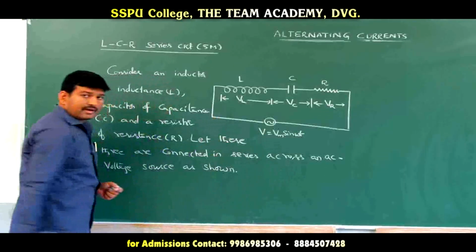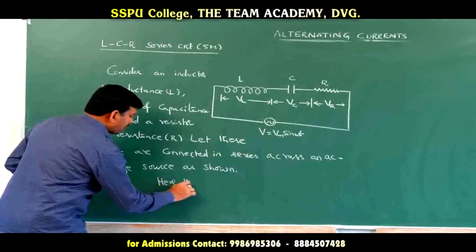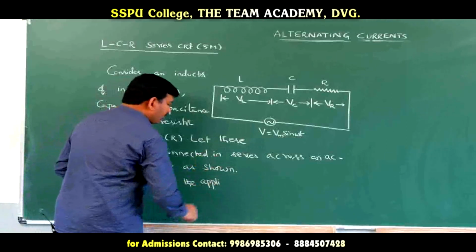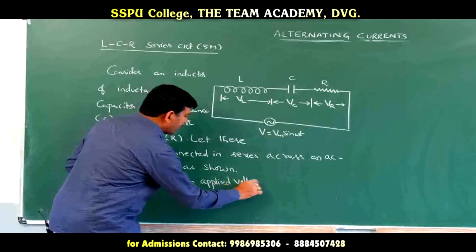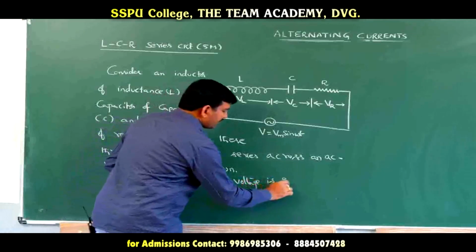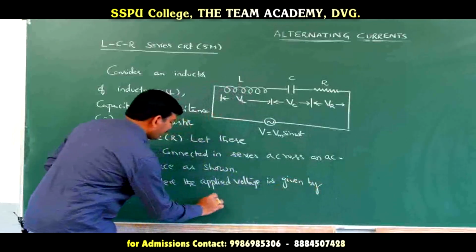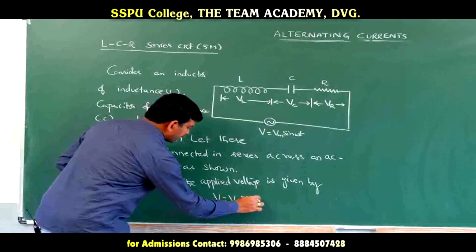Here the applied sinusoidally varying voltage is given by V = Vm sin ωt.